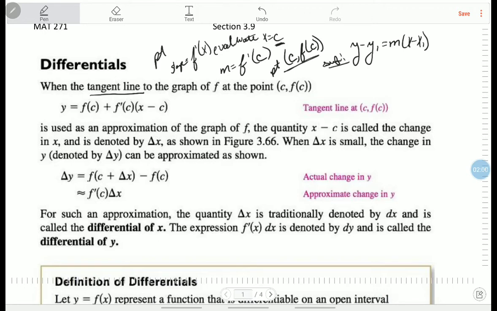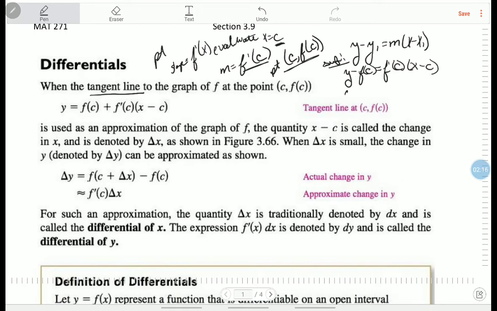So we had a point, we had a slope. If we were to type all of that in, our equation would look something like this.